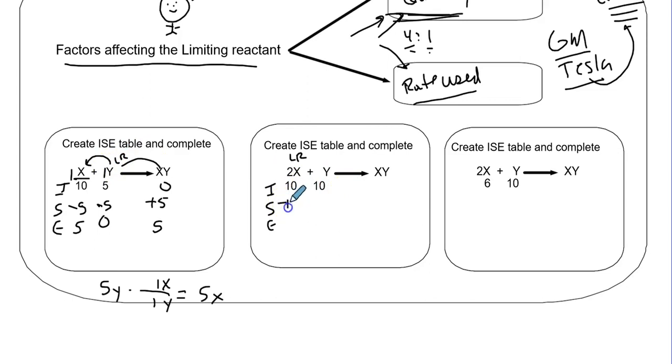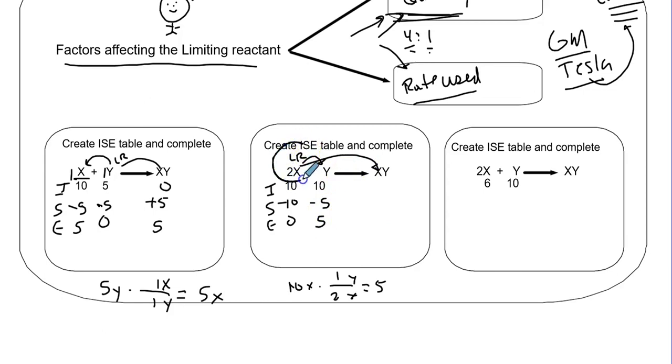So this guy runs to 0, jump from here to here. 10X, get rid of X and go to Y at a 2 to 1 ratio equals 5. So minus 5, subtract the 2, 5 left over, and 2 to 1 ratio.